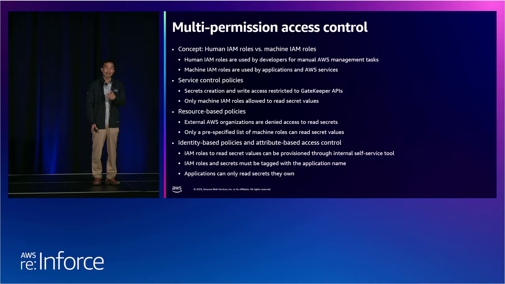So we actually allow any team to provision IAM roles to read any secret they want, through self-service using this tool. So they don't have to wait for a central team to provision the IAM role they need to read the secret, even though secrets are such highly confidential assets.